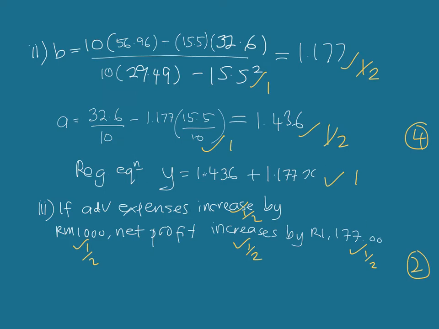If we look at it in the form of 1,000 ringgit, if advertising expenses increase by 1,000 ringgit, then the net profit increases by 1,177 ringgit.